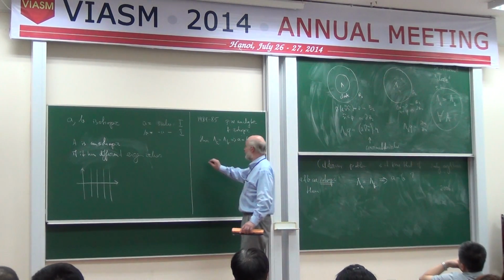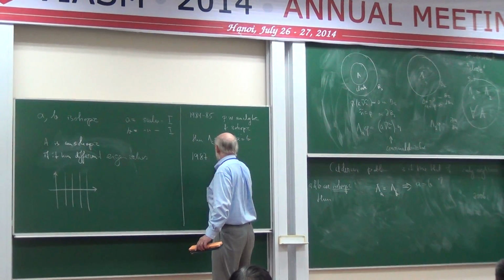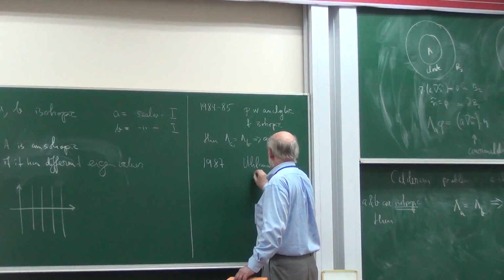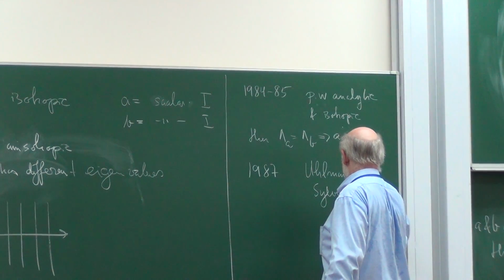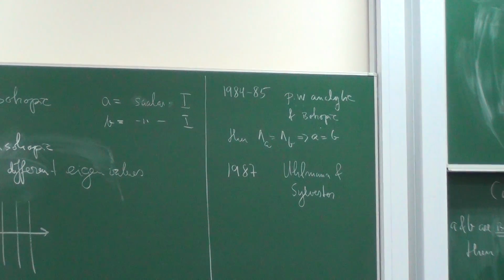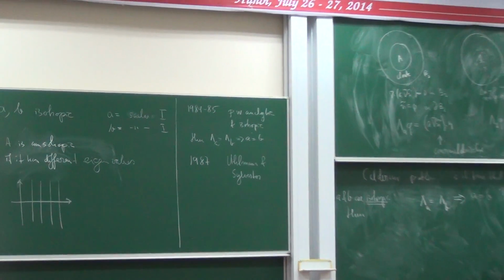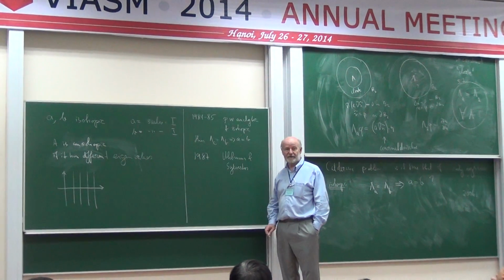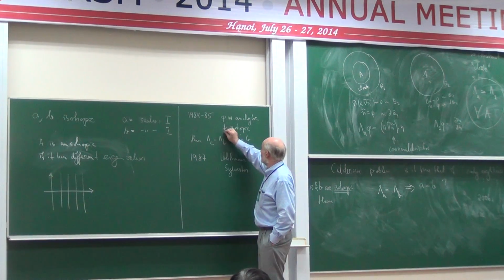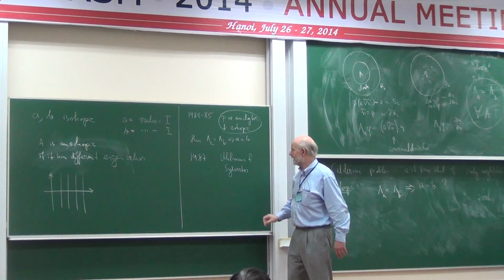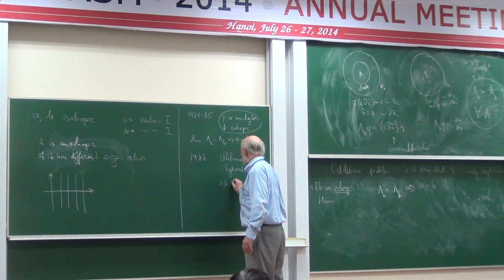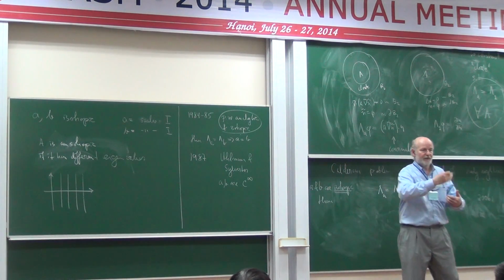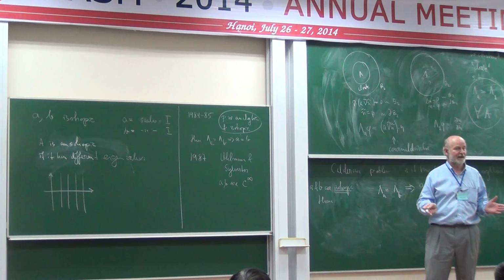Then there is, in 1987, a result by Sylvester and Uhlmann. The first thing was by Bob Kohn and myself. Then there's a very deep, fundamental result from 87 by Sylvester and Uhlmann that says you can go from this piecewise analytic category and make the step to A and B being C infinity. So you can take the leap from being given by a germ, with analytic coefficients, to just being a C infinity function.